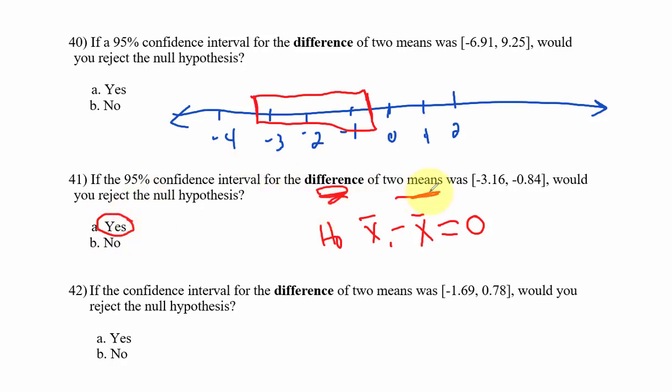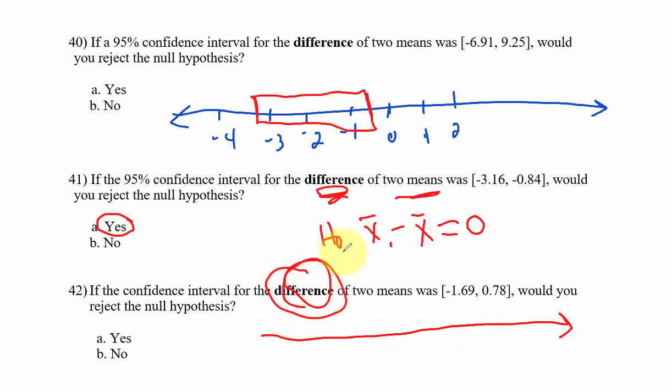Okay? Now the last one, I'm going to just give you the quick answer. So if 0 is in the confidence interval for the difference between the two means, you cannot reject the null. 0, 1, 2, -1, -2, etc. So this one, it's roughly here to 0.078 here, right?